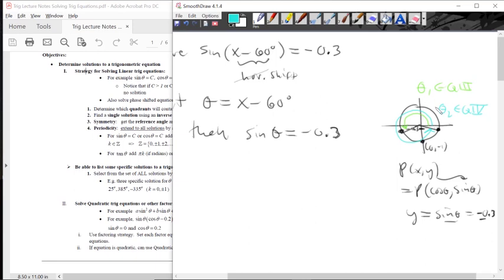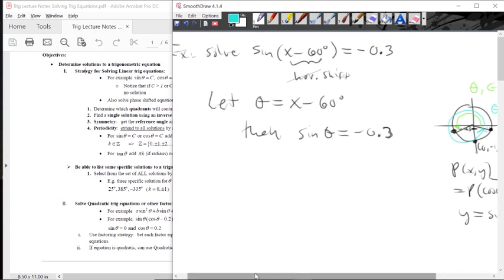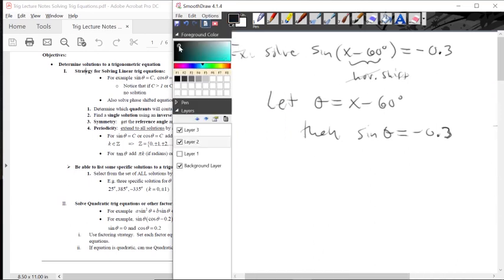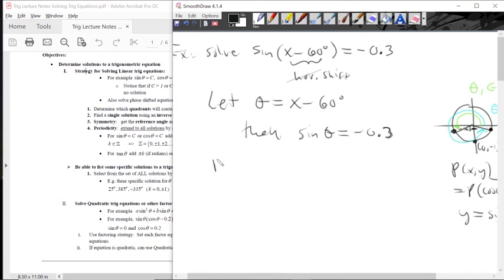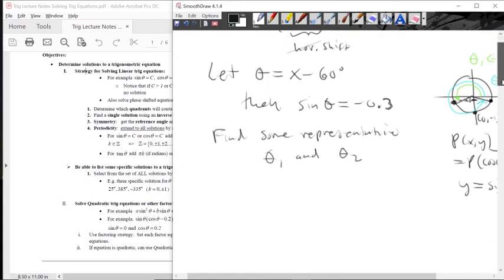So we want to find those two solutions in the interval from 0 to 2 pi. Ultimately, we want to find all the solutions. So I'm going to find some representative theta 1 solution and some representative theta 2 solution, and then we'll find all solutions by adding integer multiples of the period.